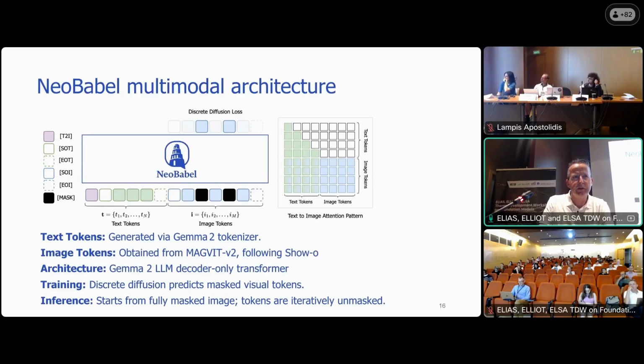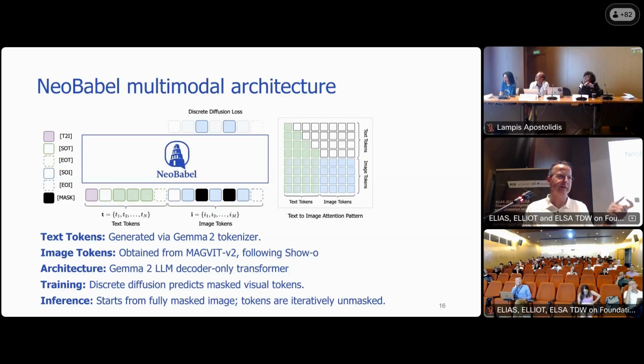These tokens are then interleaved, concatenated into one representation together with special tokens to indicate the transition from text to image, and also, very important, we do masking. The masking is only done on the image patches. So although we have a text and image representation, we will only mask the image tokens.